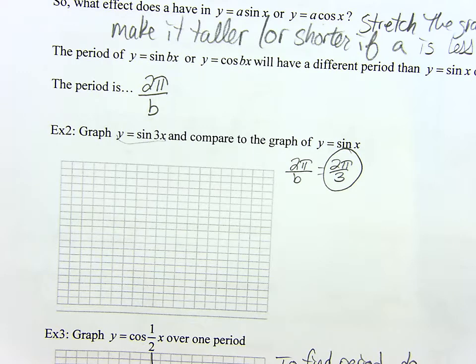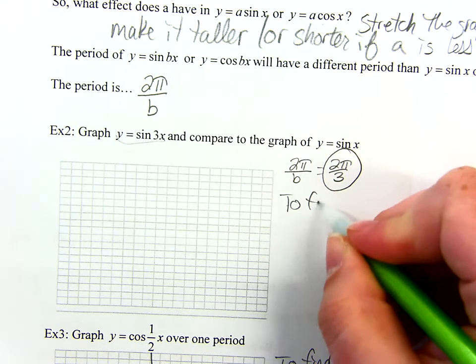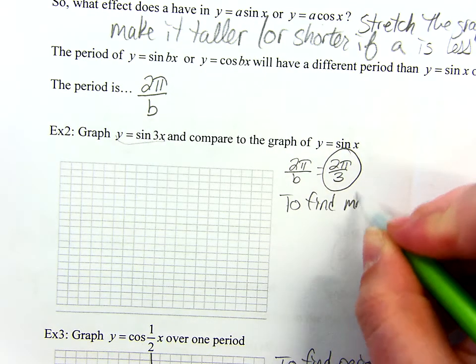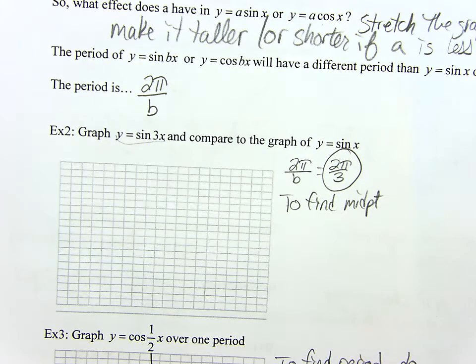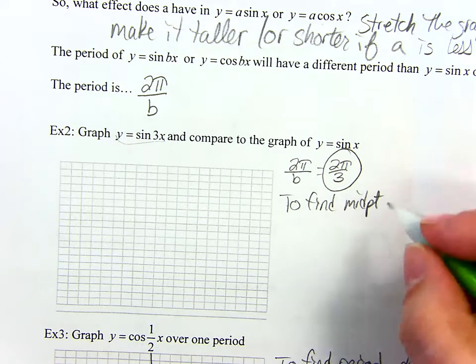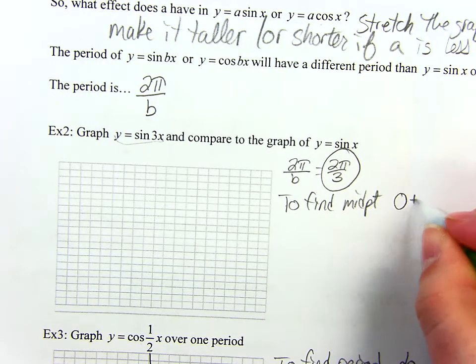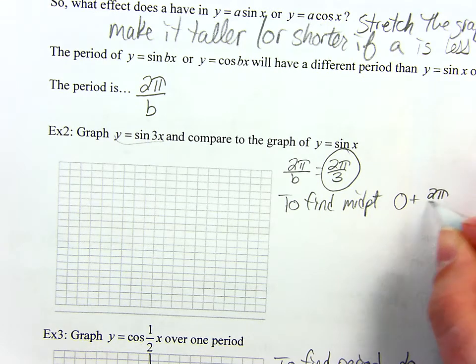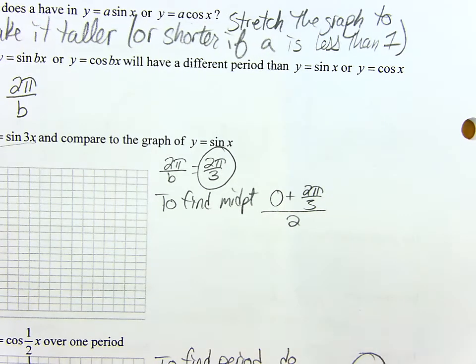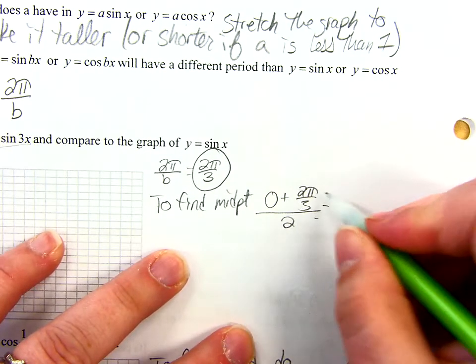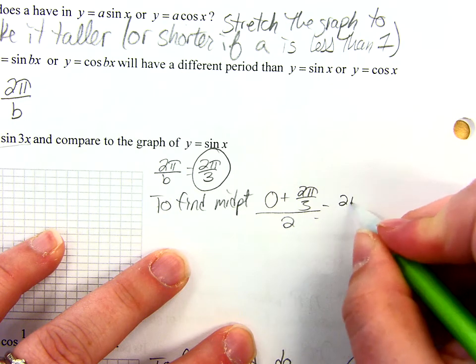So let's find the midpoint. Okay, so my starting point is always 0. So I'm going to do 0 plus 2 pi over 3, but then I want half of that. Okay, well, that's the same thing. 0 plus 2 pi over 3 is just 2 pi over 3.